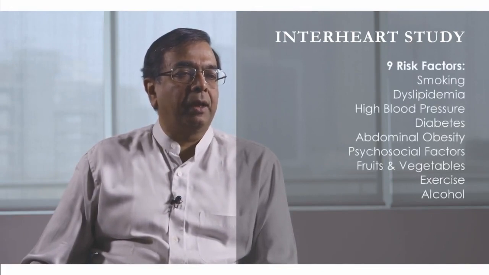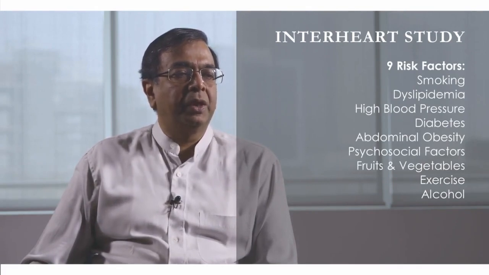And by studying people with the first heart attack, they identified that smoking, abnormal fats, high blood pressure, diabetes, abdominal fat deposition, psychosocial risk factors, low intake of fruit and vegetables, and low levels of physical activity and variable intake of alcohol have all been responsible for 90% of the risk in populations across the world for the first heart attack. So much as we may differ in the manifestations of stroke and coronary heart disease at different stages of the epidemic, we recognize that the risk factors are fairly common across the world.